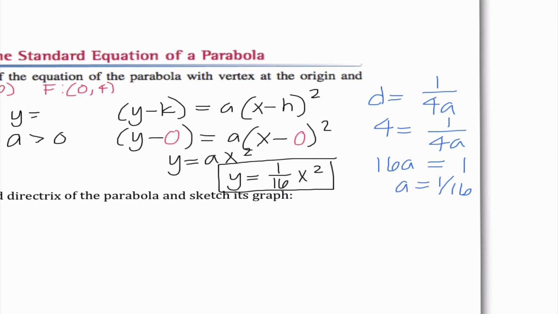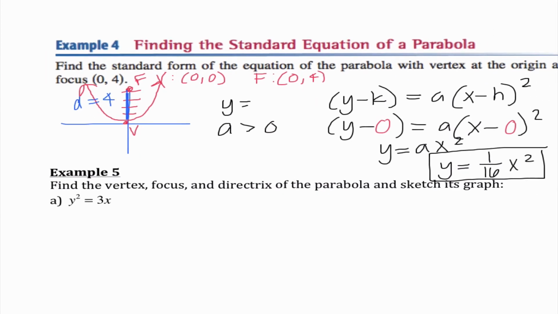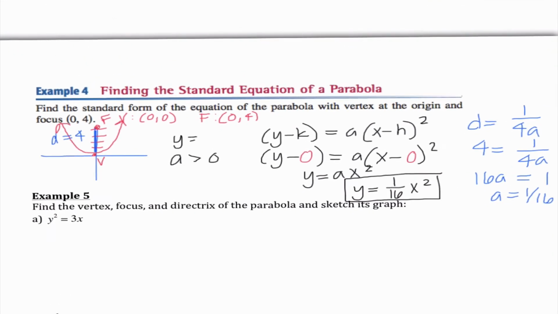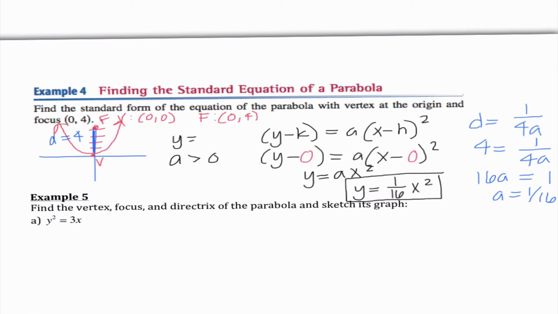Okay, now if our vertex was somewhere else other than the origin, then obviously that would change where we would put h and k. It would change this distance as well. Okay, but based on this information, these are the steps we would have to take. Okay, if they gave us the directrix instead of giving us the focus, we know that the directrix is always outside the parabola.